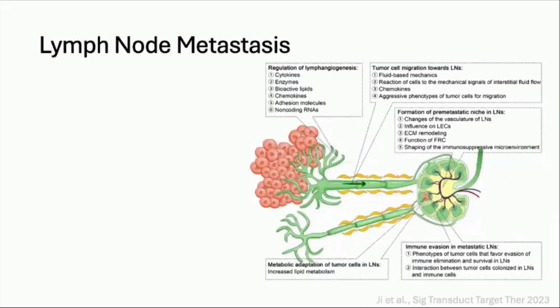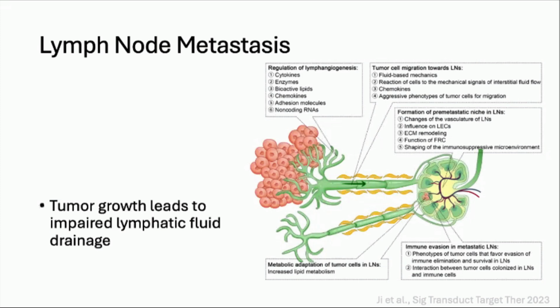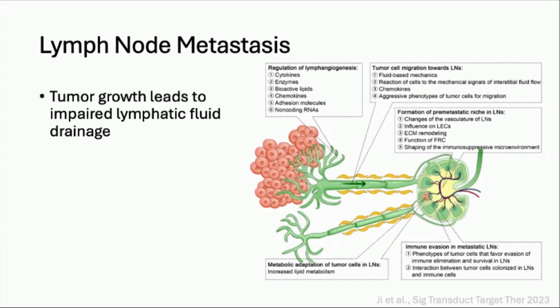When we specifically look at lymph node metastasis, there's a natural circulation of tissue fluid from the organs into the lymphatic system, which is why they tend to be one of the first sites of metastatic disease. Fluid dynamics play a pretty important role in the initiation of lymph node metastasis. Blood vessels are generally quite permeable, and tumor growth leads to aberrant blood flow, with plasma accumulating in the extracellular sites, leading to impaired lymphatic drainage.